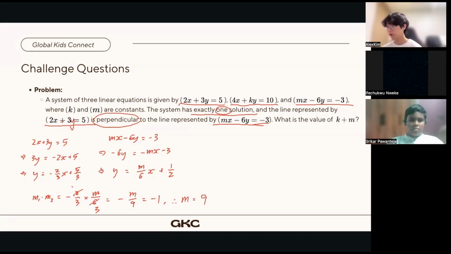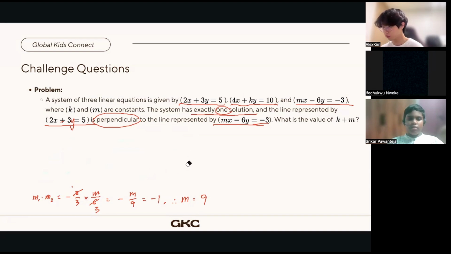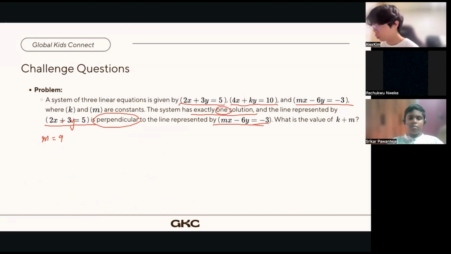Using this value of m, we can now find the value of k. So how do we do that? Well, let me erase this first. The most important thing, we now know that m is equal to 9. So now the only information that we can use is that the three equations have one solution. And so, how do we solve this?